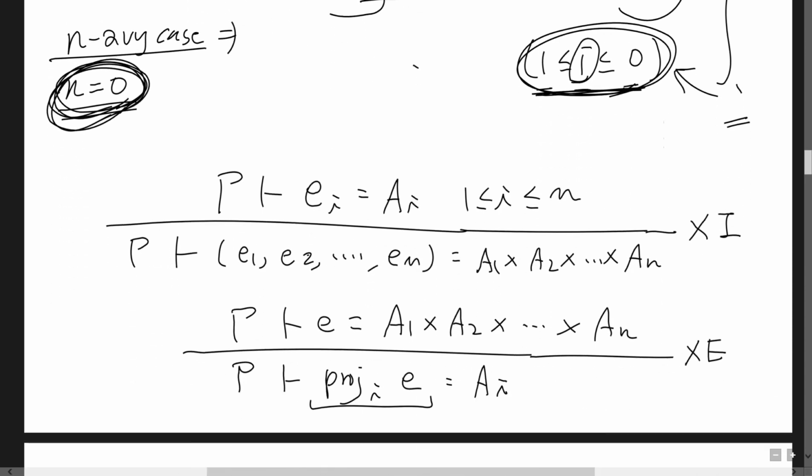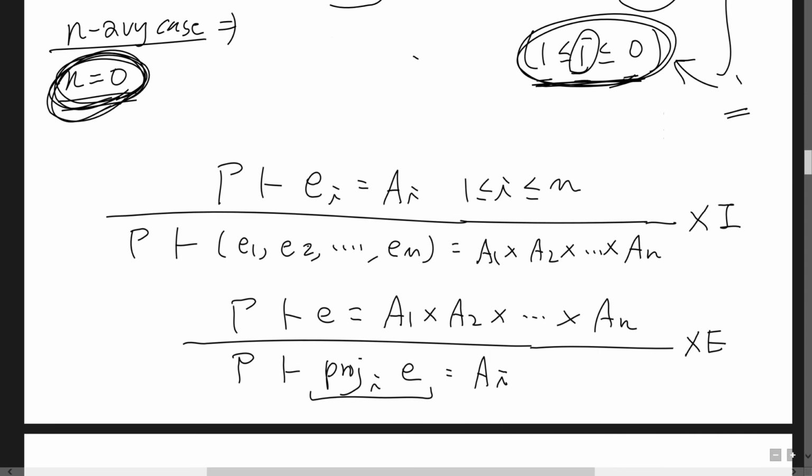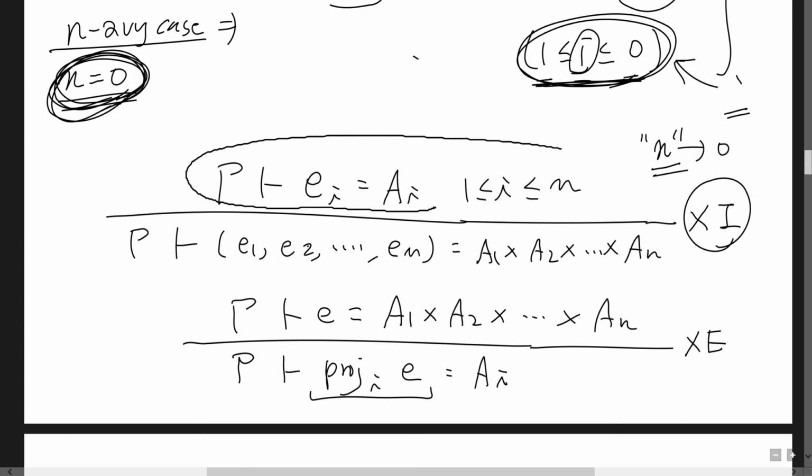Let's move on to the typing rules. This is the typing rule for generalized product type, assuming n. Now let's set n to 0. The premise has n different cases, from i set to 1 to i set to n. Now n is set to 0, which means all these individual components inside disappear.